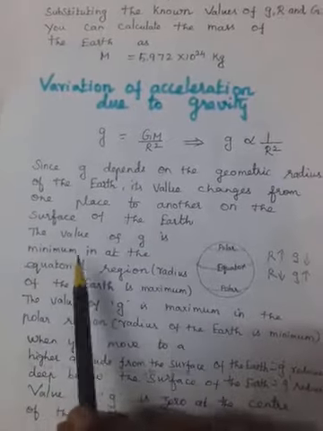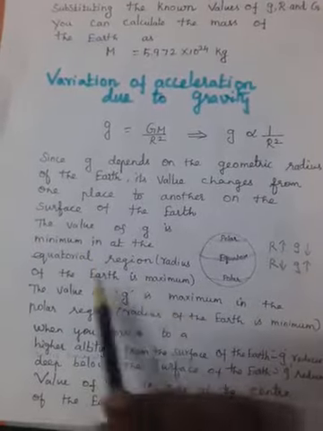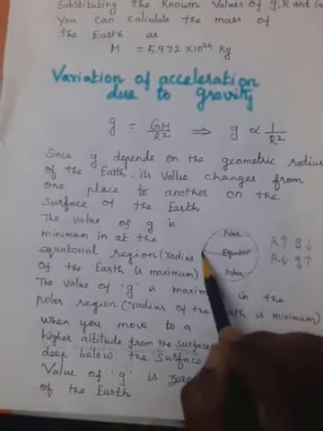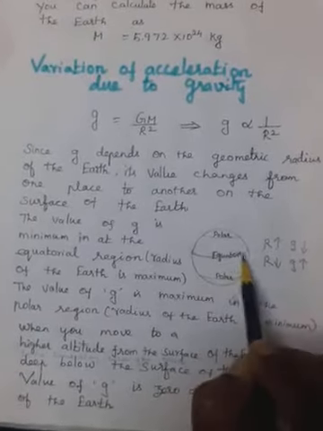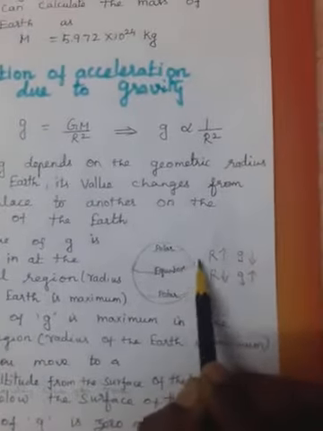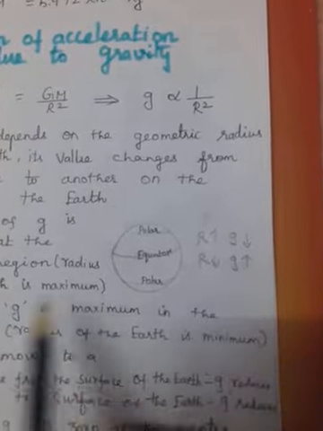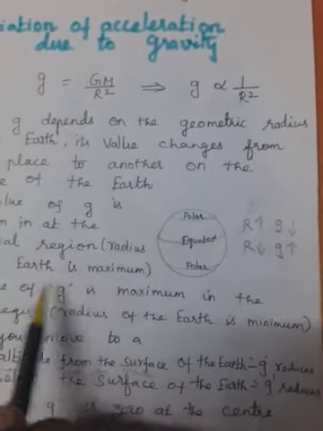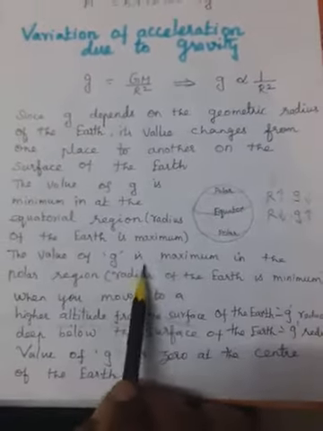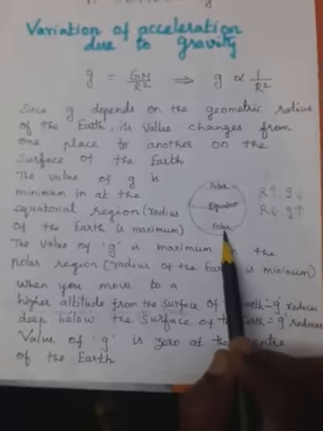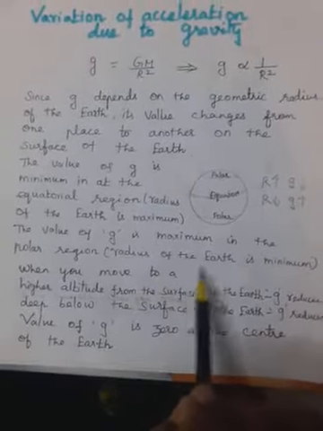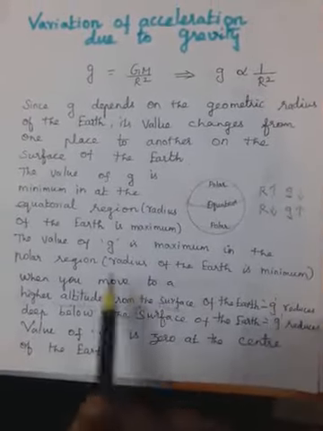The value of g is minimum at the equatorial region because here the radius of the earth is maximum. Radius of the earth is maximum means the value of g is minimum. The value of g is maximum in the polar region because the radius of the earth is minimum in the polar region.